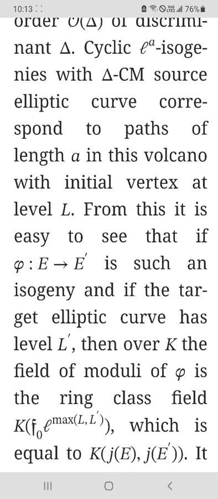From this, it is easy to see that if phi from E to E' is such an isogeny, and if the target elliptic curve has level l', then over K, the field of moduli of phi is the ring class field K(f_0 L^max(l,l')), which is equal to K(j(E), j(E')).